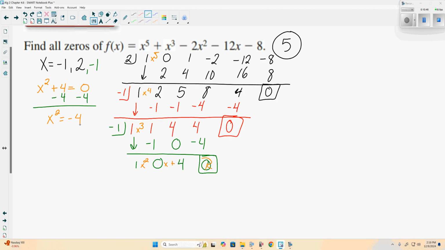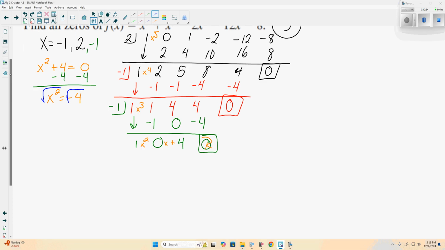Is x squared by itself? Square root. Now between these two here, the square root of x squared is x. Whenever we take square root, we got to put the plus or minus. Yes. Because the negative inside this radical is going to come out as i.